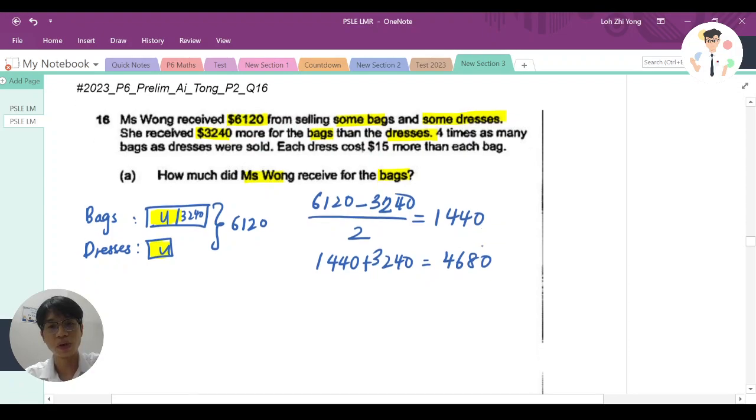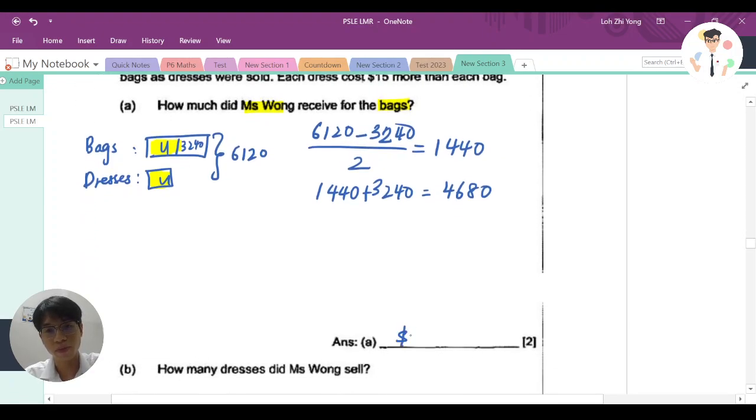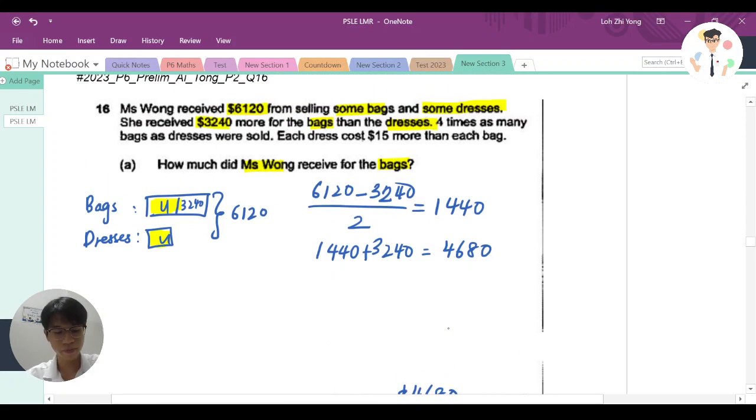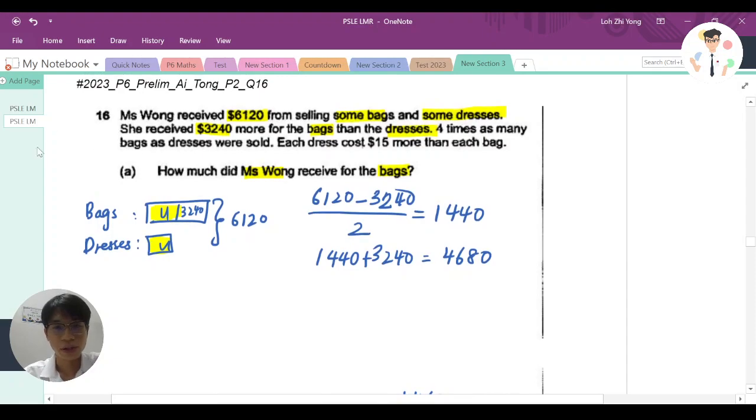Okay, so when you write the answer, don't forget the unit, 4680. Okay, and you're done for part A. So let me just rewrite here on the side to make it clearer. Bags actually cost 4680 in total, and dresses actually cost 1440.